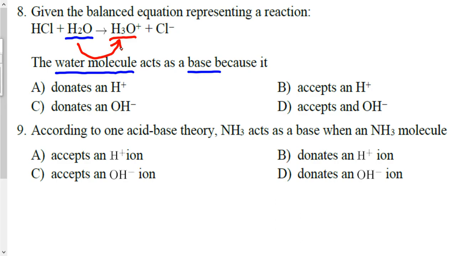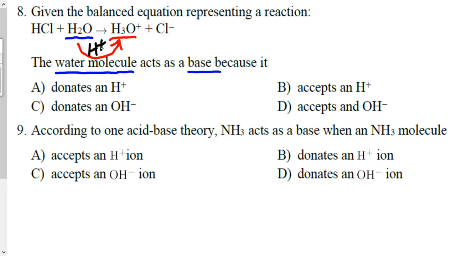We had H2O, meaning 2 hydrogen, 1 oxygen. After the reaction, we have 3 hydrogen and 1 oxygen with a positive sign. That means water accepted a hydrogen ion or proton, because otherwise it won't be H3O plus, right?